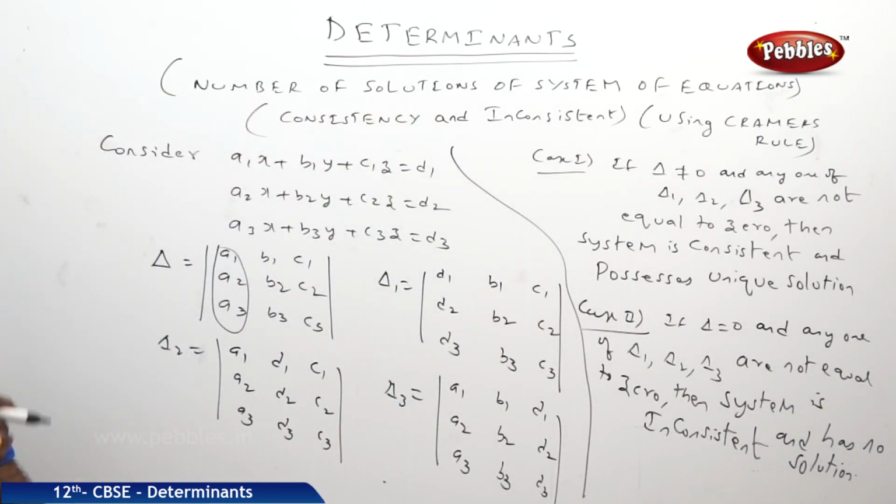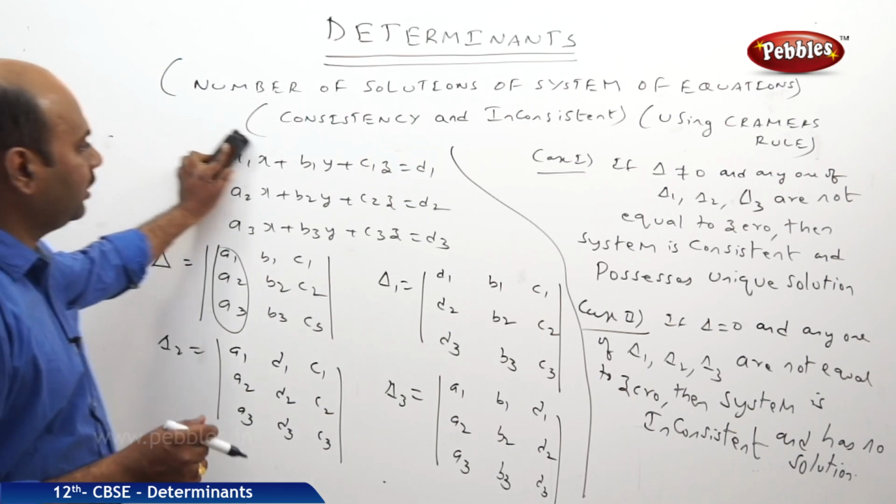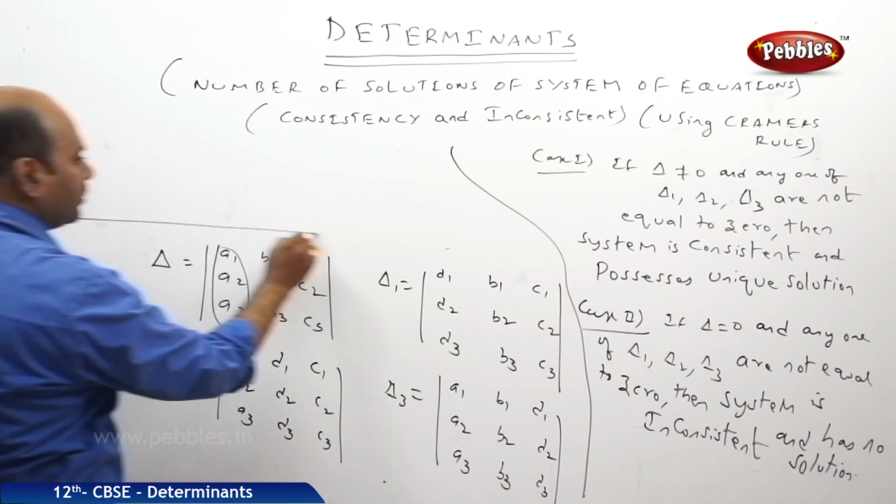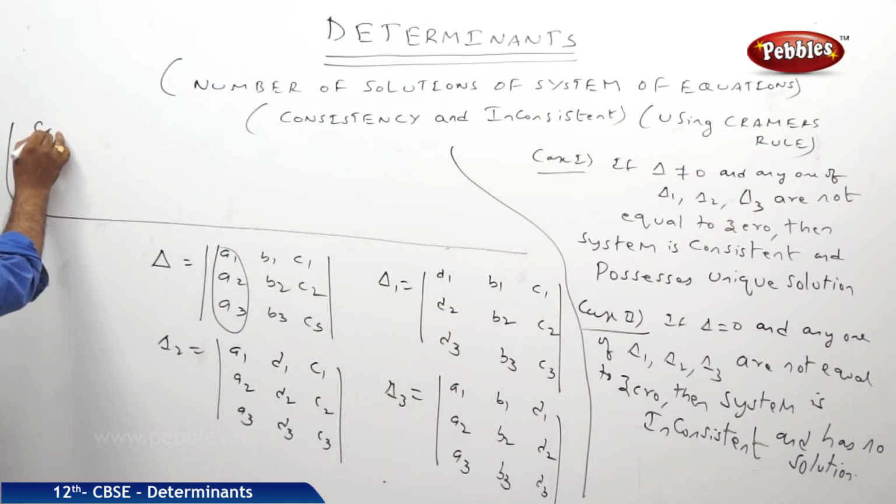Now there can be a third case also. We should observe carefully what the third case will be. Case 1 and case 2 have finished; now I am writing case 3.